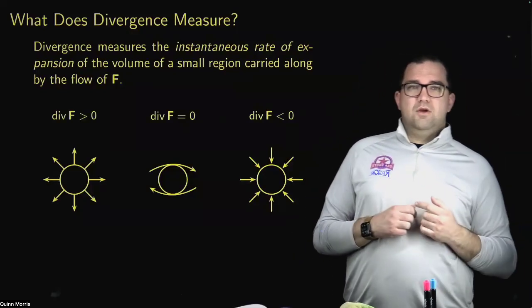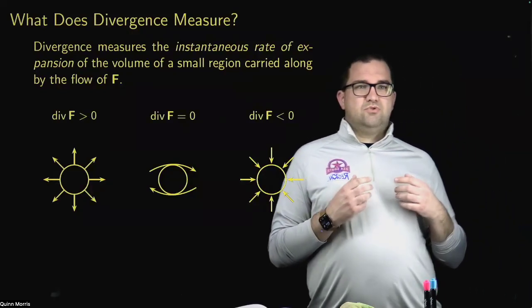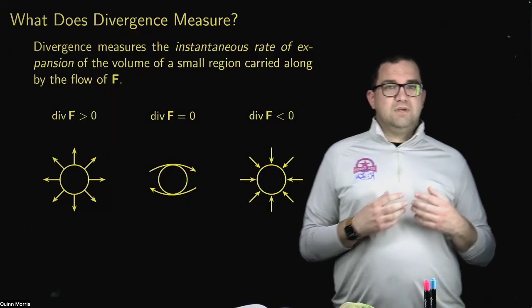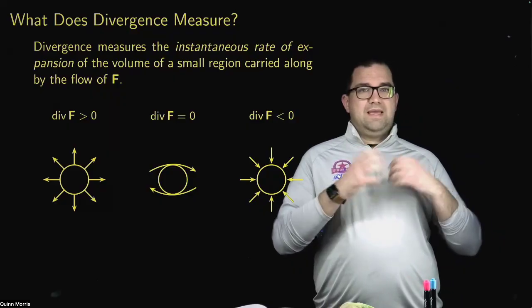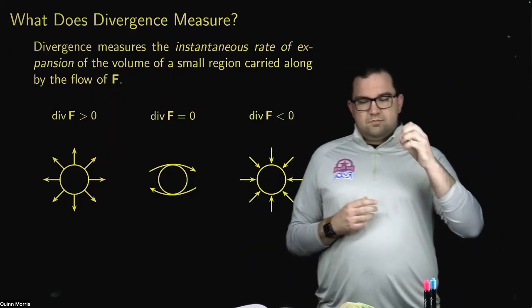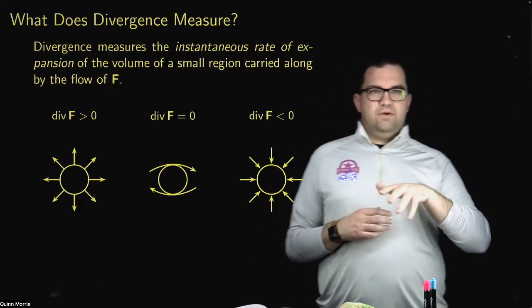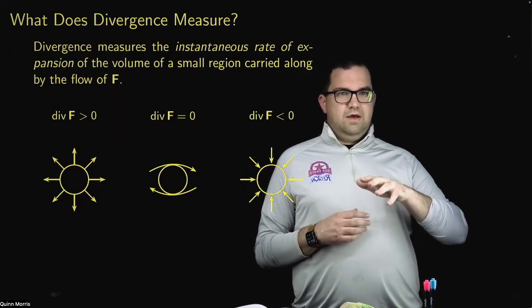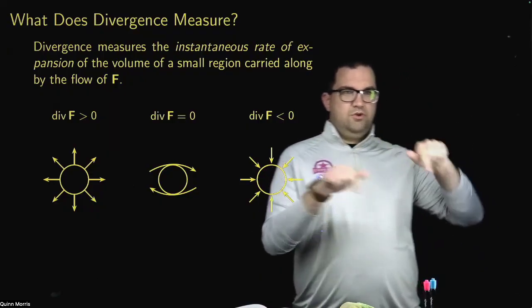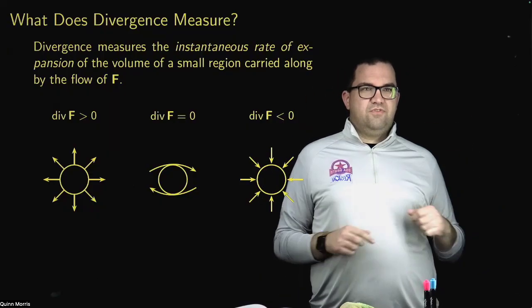Divergence, on the other hand, you can think of as measuring the instantaneous rate of expansion of a volume of some small region which you allow to be carried along by the flow of F. The way I often think of this is, imagine some sort of water stream. These vectors are telling you how the water is flowing.